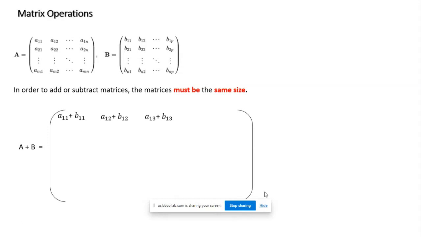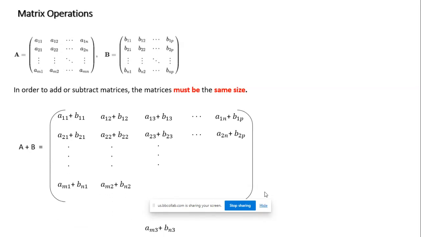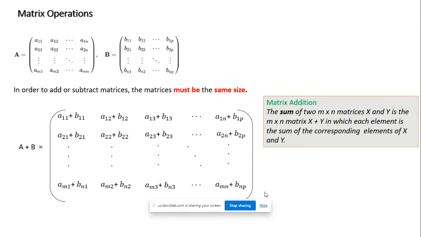Well, that element is going to be added to the same address of the second matrix. So on matrix B, I'm going to add it to the element that is in row 1, column 1. And you're going to do that for all of the elements. So you go down and each address matches the address of the other. And that's how you're going to do this. This is matrix addition. So for the sum of 2 matrices, all you're going to have to do is sum up the corresponding elements of both matrices.